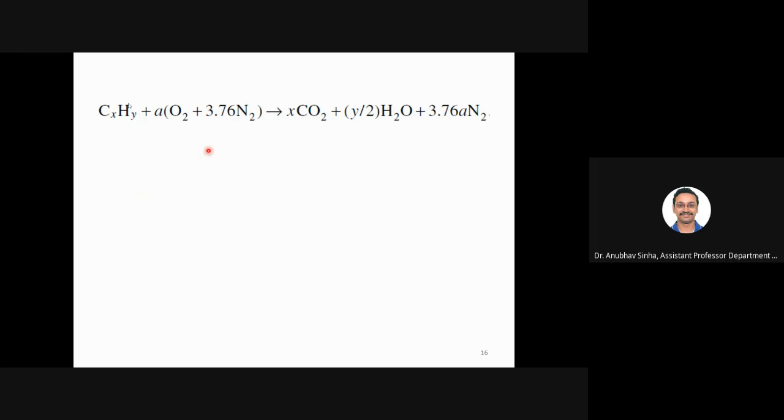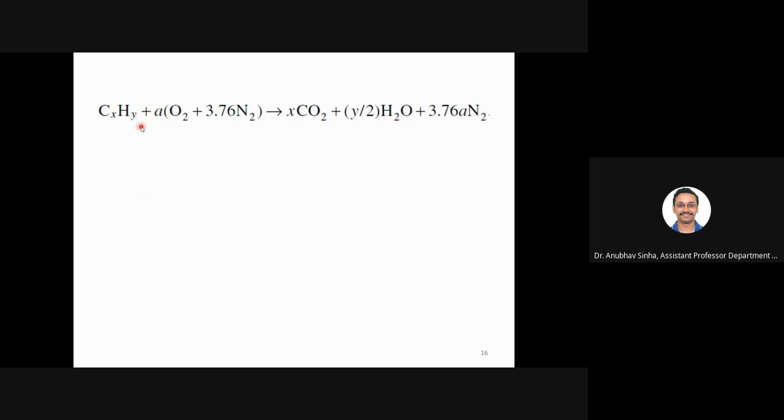Let us say that it is a general hydrocarbon. It could be methane, propane, or anything. To keep it general, we have used x and y as subscripts for CxHy. If it is methane, x is 1 and y is 4.